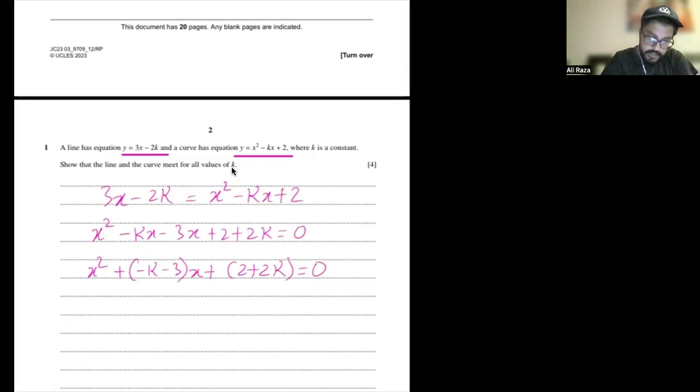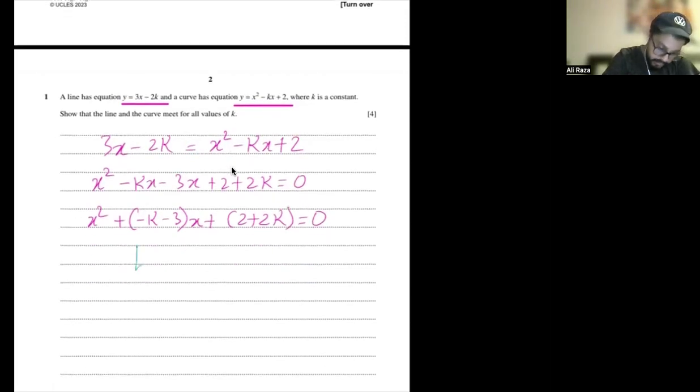Now, once you have the equation in this format, we can apply b squared minus 4ac. And since the question is asking us for the values of k for which the line and the curve meet, it can either be two solutions, which is greater than 0, or one solution, which is equal to 0.